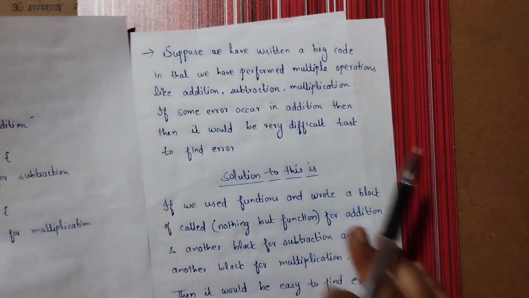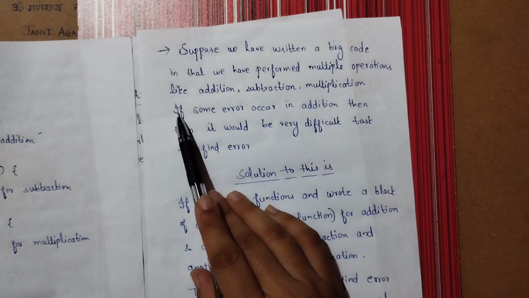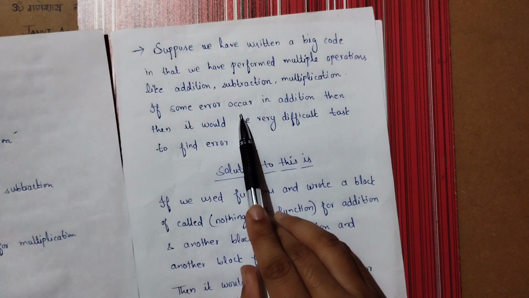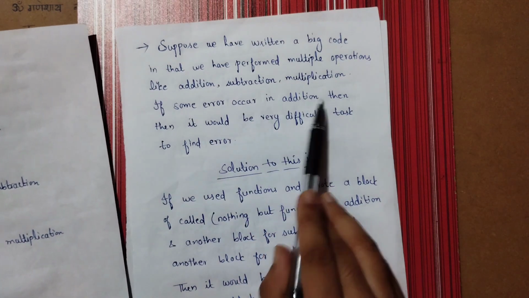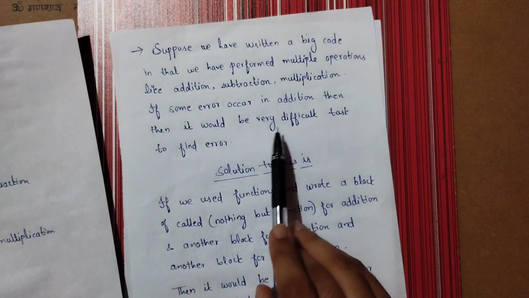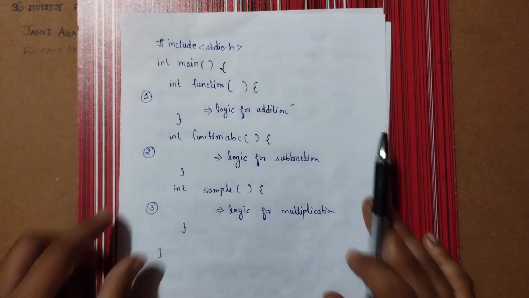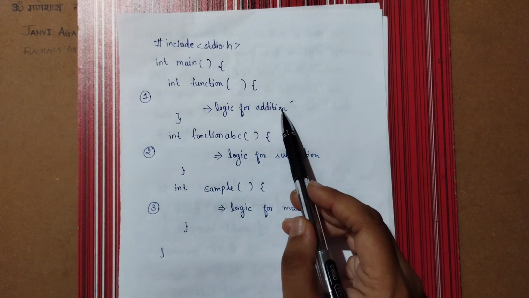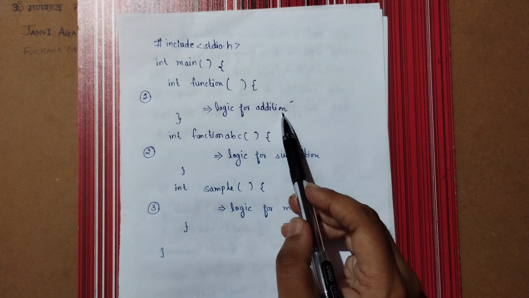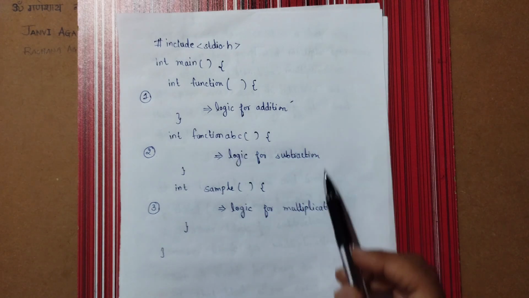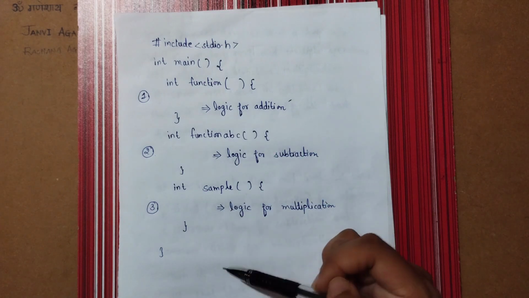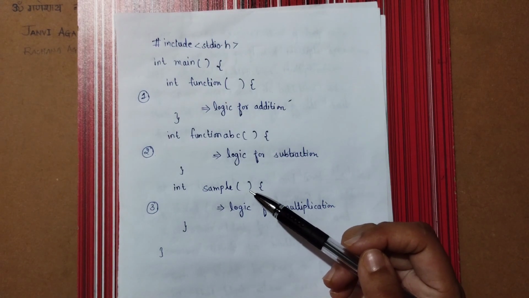Let's read this statement. If some error occurs in addition, then it would be a very difficult task to find the error. Suppose in this code some error occurred in the addition part. It would be difficult to find it in the whole code.